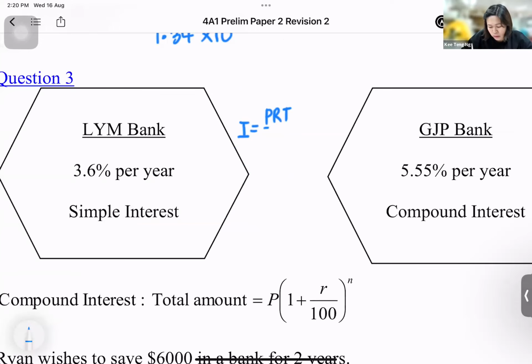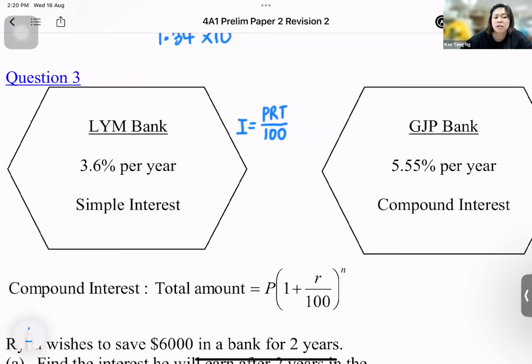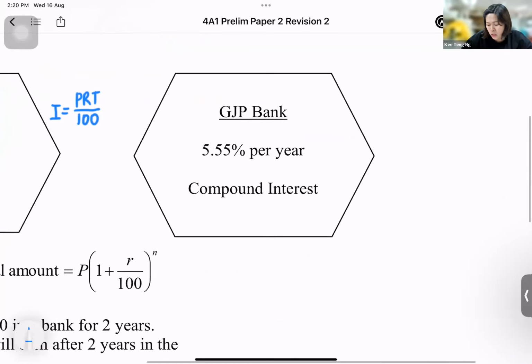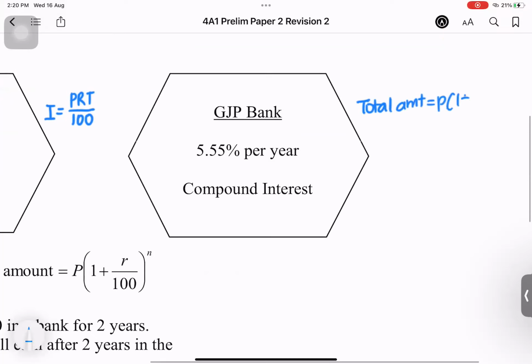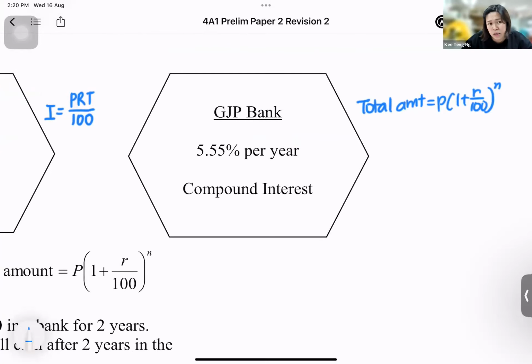The compound. Simple interest means it's a flat rate, so it's PRT over 100. The compound interest is the total amount: P bracket 1 plus R over 100, power n. The formula is given in the formula sheet.